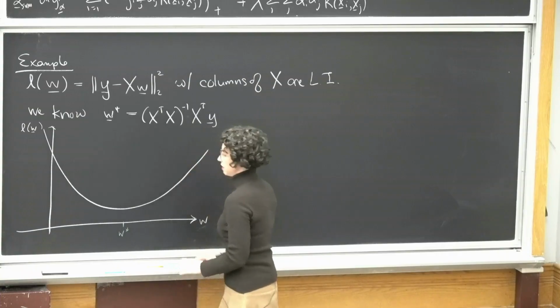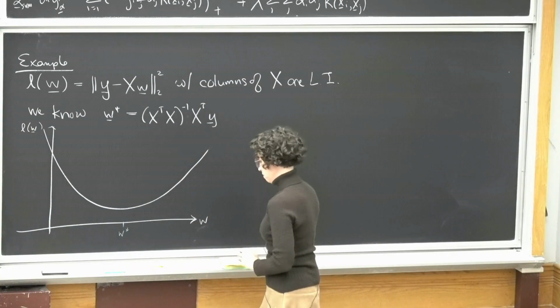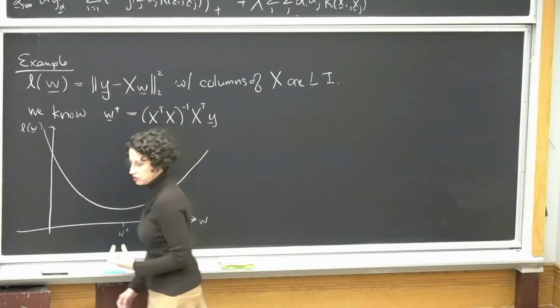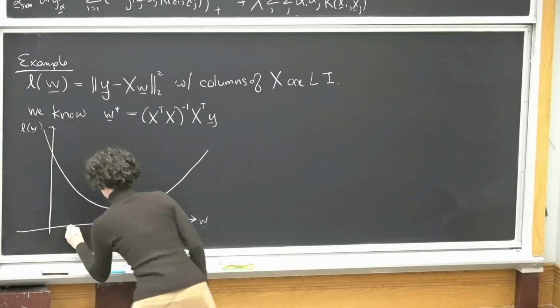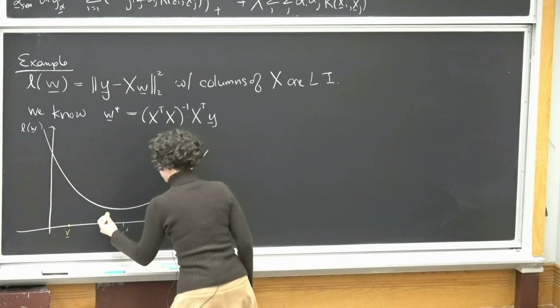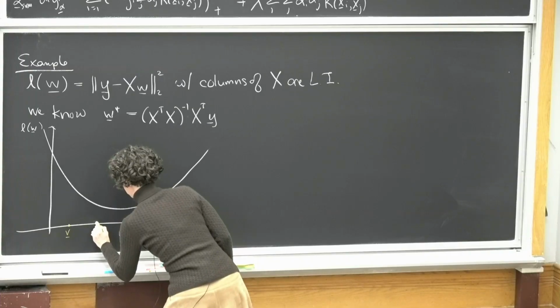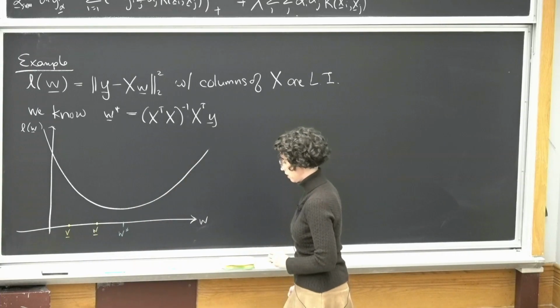And now if I think about my definition of convexity, I should be able to choose 2 points. I'm going to choose a point here. That's my V. And another point here, which is some other W, not necessarily W star.